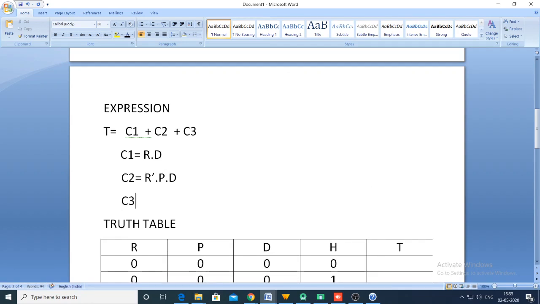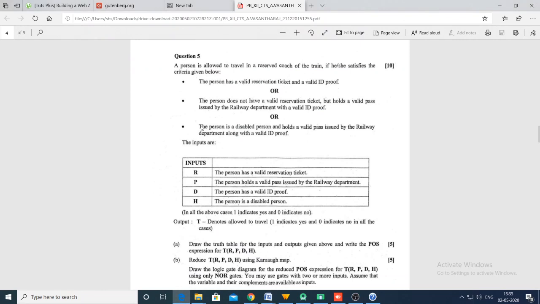Then condition number 3, what is the expression? The person is a disabled person, and holds a valid pass issued by the railway department along with the ID proof.